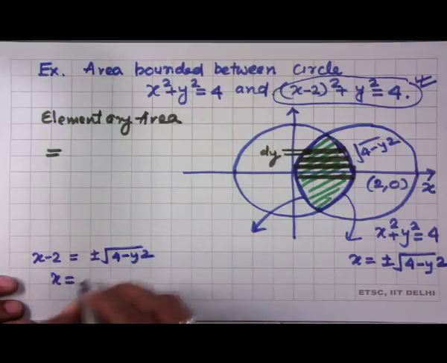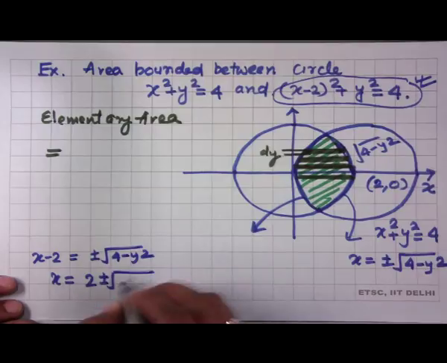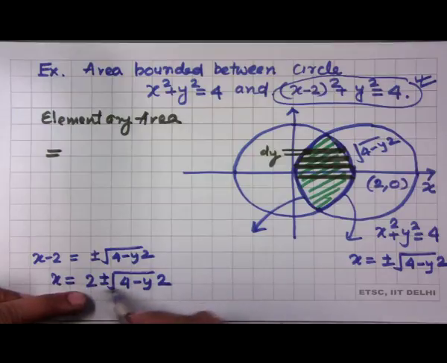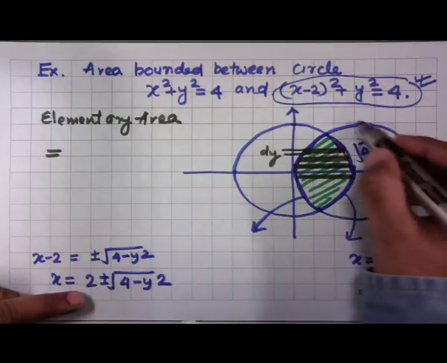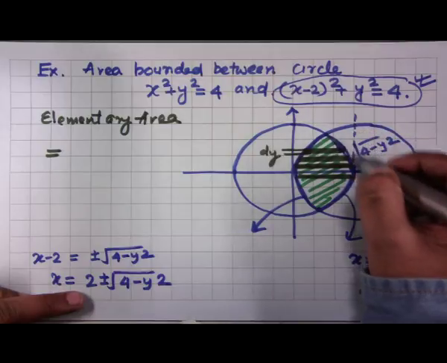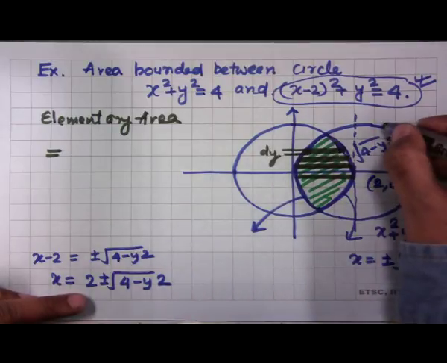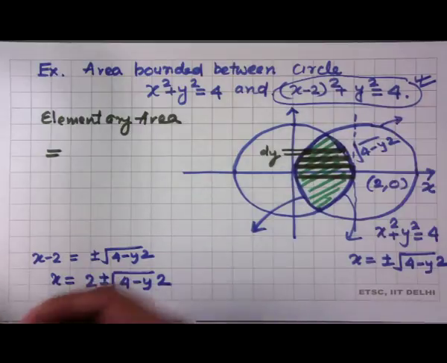So, x is 2 plus minus under root 4 minus y square. Now, if you solve this for x, you get two branches, and so if you draw this vertical line, 2 plus under root 4 minus y square represents this portion of the curve.